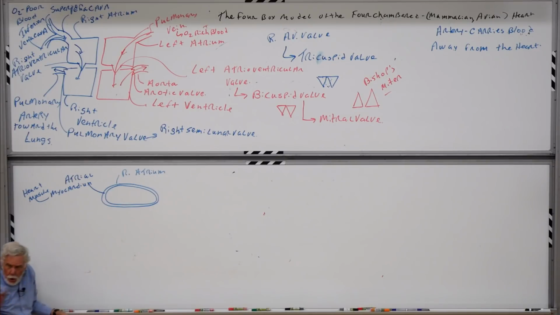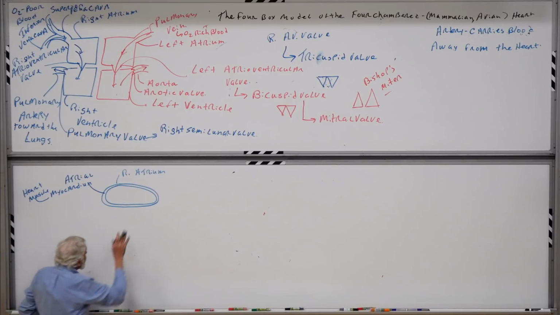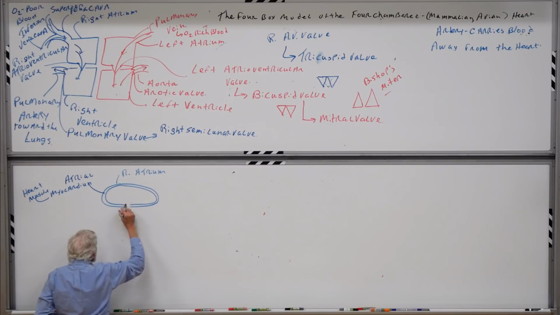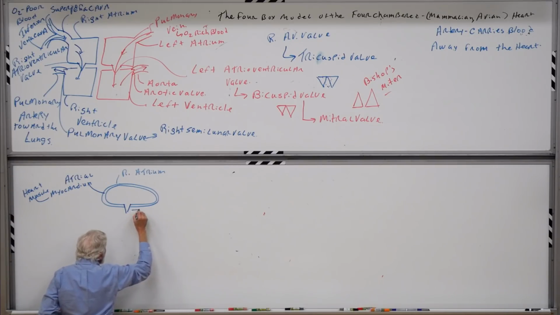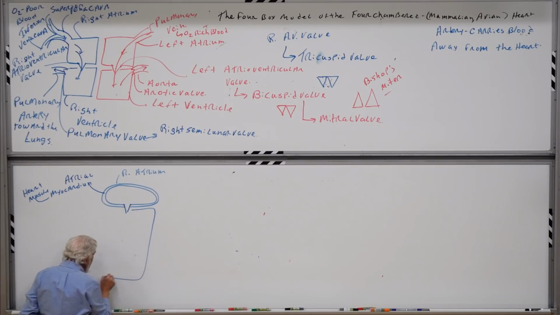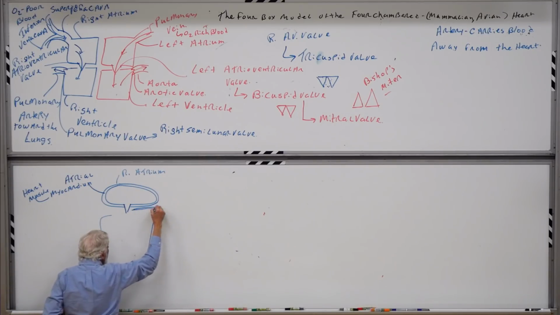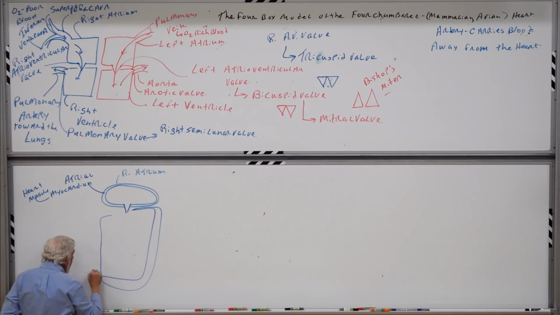Now, the atrial myocardium is pretty thin. It's not generating a whole lot of force. The same pattern that we saw above occurs here. That's the right AV valve. And beneath the right AV valve is the open chamber of the right ventricle.